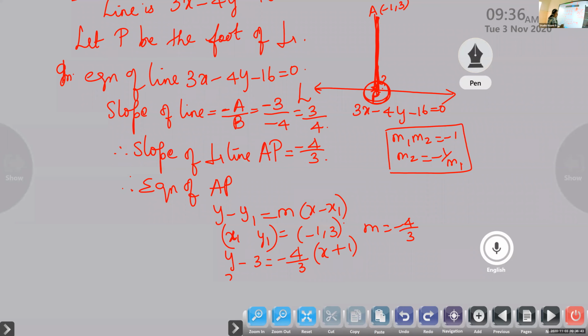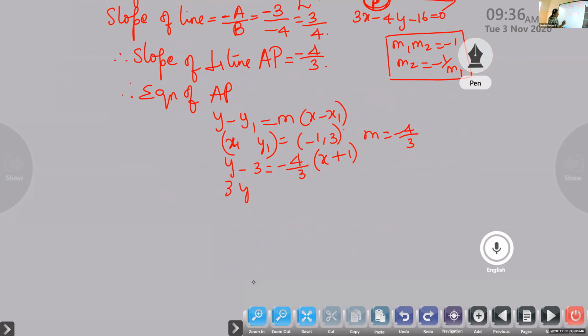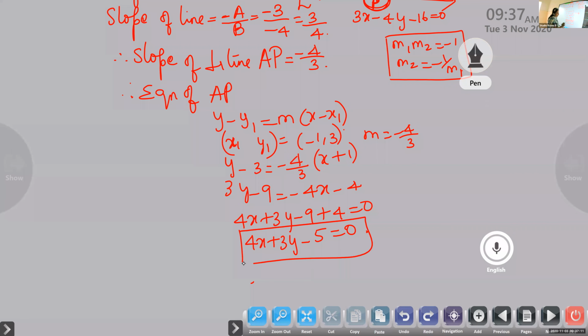Cross multiplying, 3y minus 9 is equal to minus 4x minus 4. Bringing it together, 4x plus 3y minus 5 is 0. This is the equation of AP, the perpendicular line. Is it clear, children? So this is equation 2.